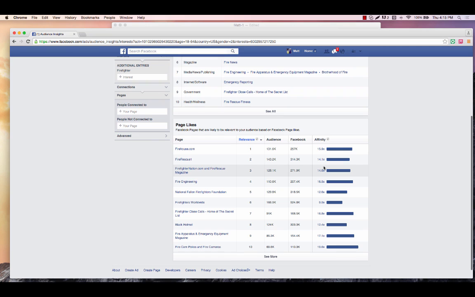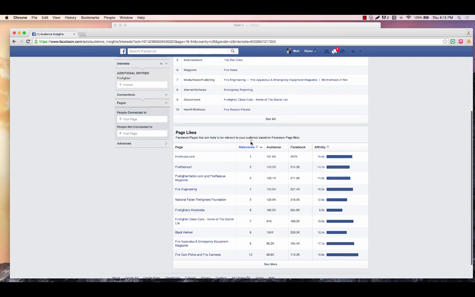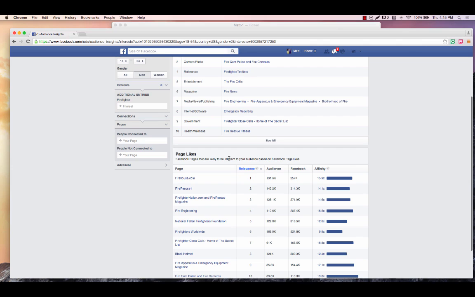Your target is about 20x to really get into your audience and limit those likes by association. Affinity is how likely someone who likes this interest is to like this other interest. That's what affinity means.